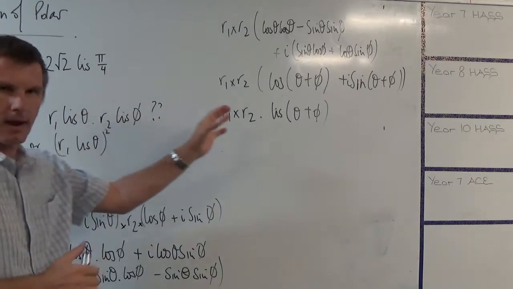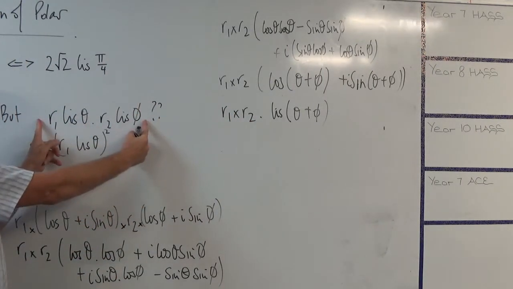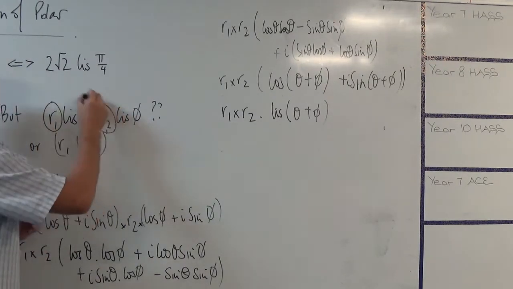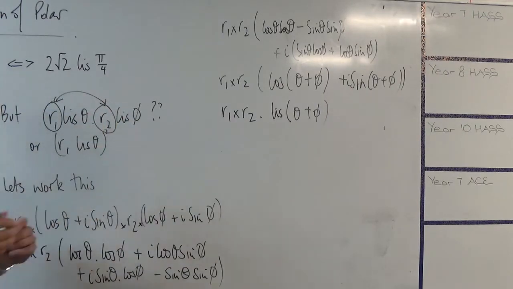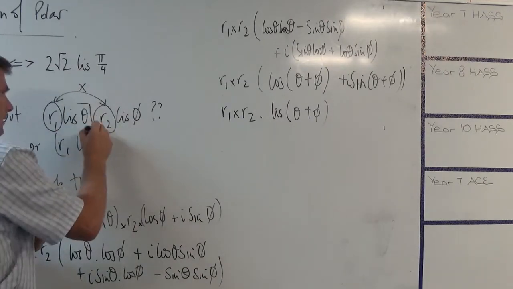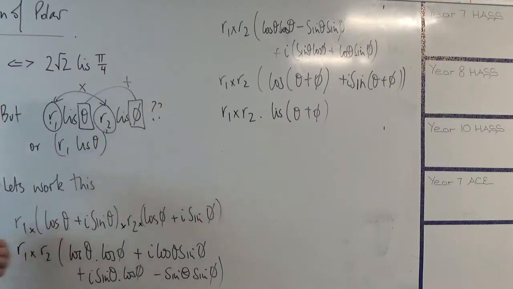And the best thing about that is the fact that you can come back to the original here and say, well, what I need to do is multiply the modulus, the magnitude of it, multiply those two together, and then I need to add those two arguments together.